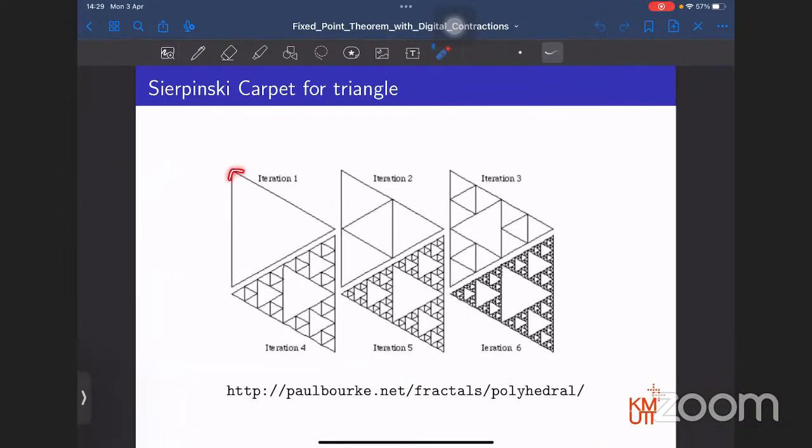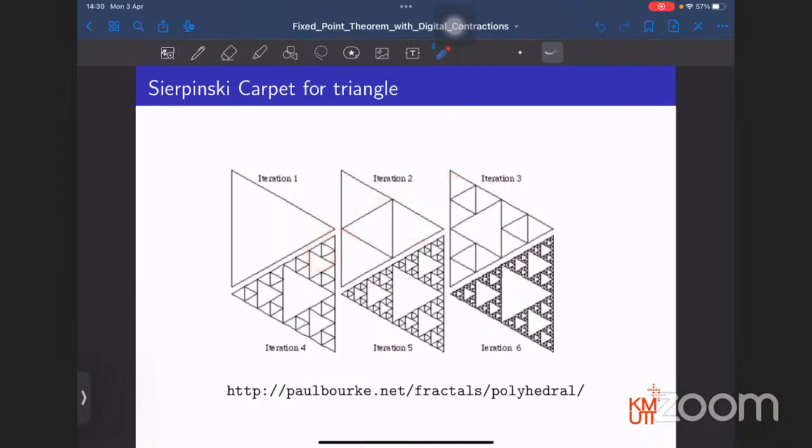Like this, we have a triangle. After that, we generate this one time. We copy the picture in iteration 1 and put it at half dimension. It's half size, placed here, and here, and here. After that, we use this triangle that we consider and do it again to get this, and do it again to get this.